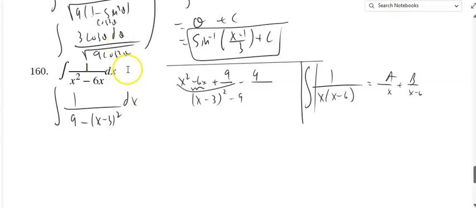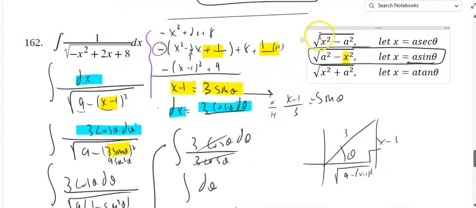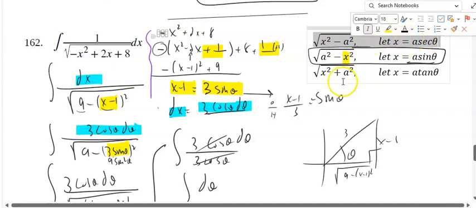So here I could say also, oh, I'm sorry, no, it's not. It is x minus 3 squared minus 9. So if I'm looking at x squared minus a squared, it's right there. It's that one, right?